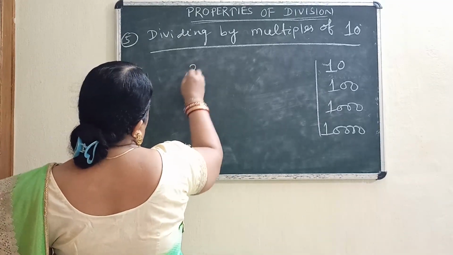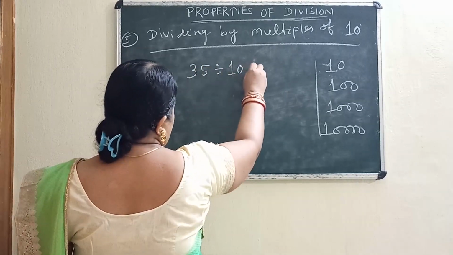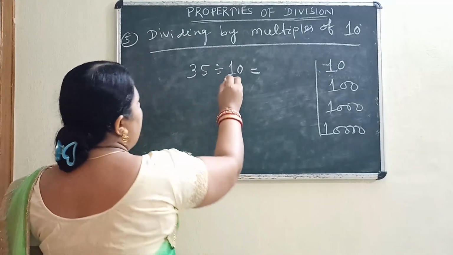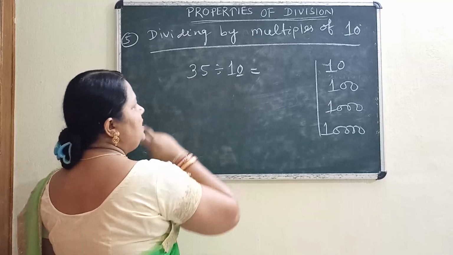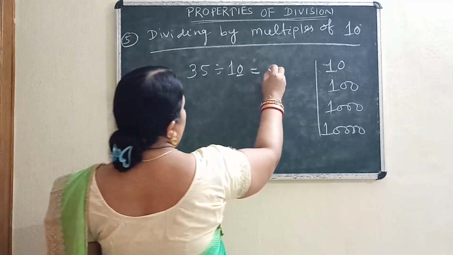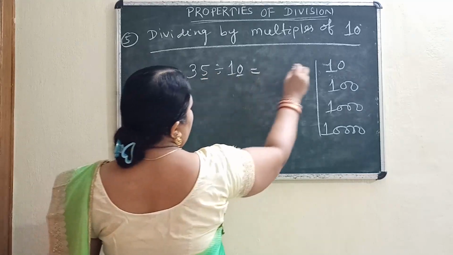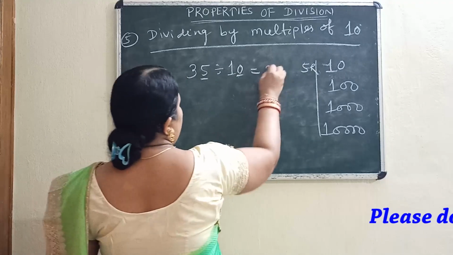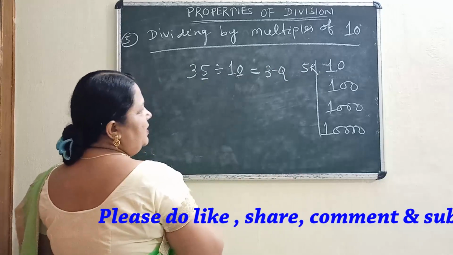Let's take an example: 35 divided by 10. Just look at the number. How many zeros are there in the divisor? One zero. So what to do? From that many digits, you leave them as remainder, and see how much is left. 3 is your quotient and 5 is your remainder.